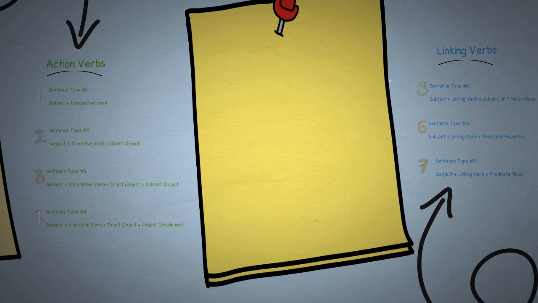When you are presented with a sentence and you're trying to determine which of these 7 sentence types the sentence adheres to, there is a sequence of questions that you need to ask yourself. The very first thing you need to do is locate the main verb of the sentence. This will help orient you to where the subject is and where the predicate is. The subject will be before the verb, the predicate after.